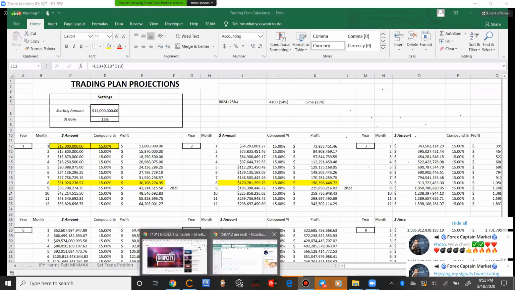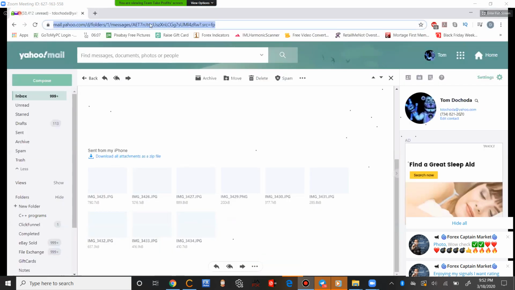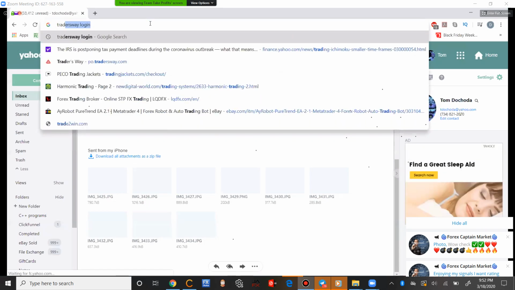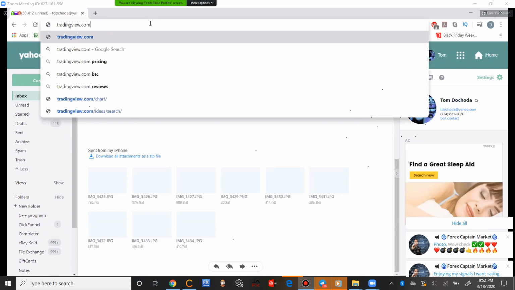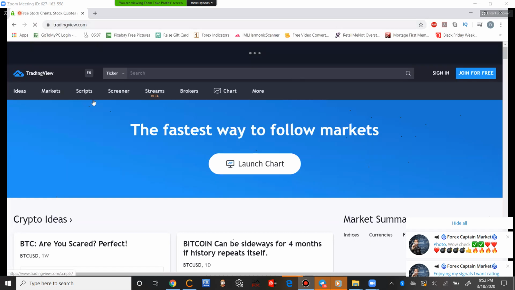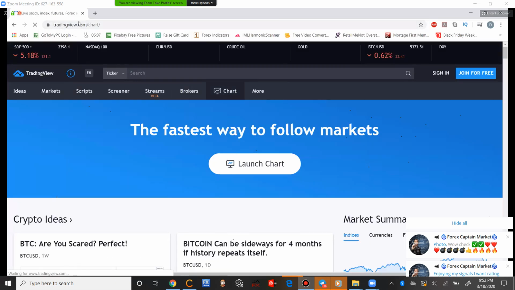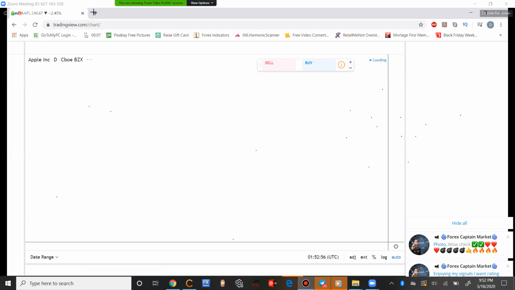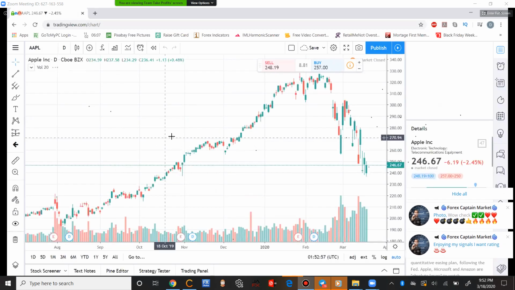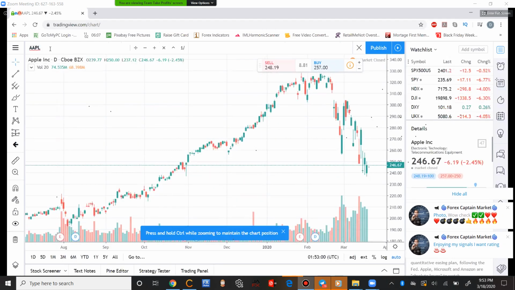Before I do that, I do need to cover TradingView. Sorry about that, guys. I'm trying to take two steps ahead of my brain here. Okay. So for TradingView, many of you guys, because Joe and Jay are TradingView users, I do have to cover this.